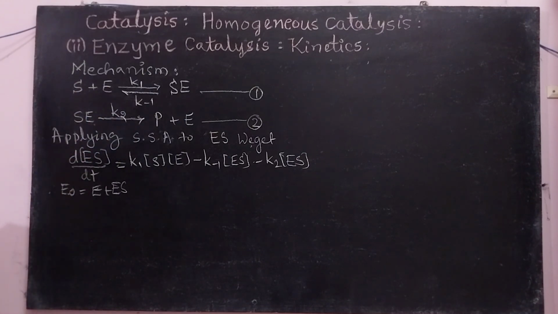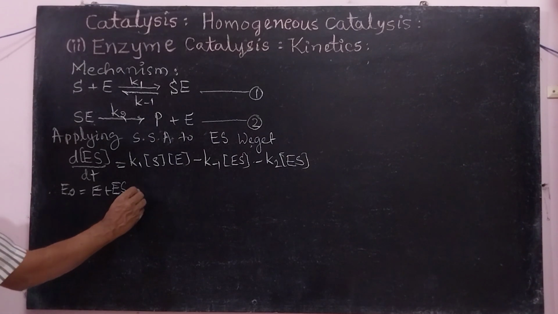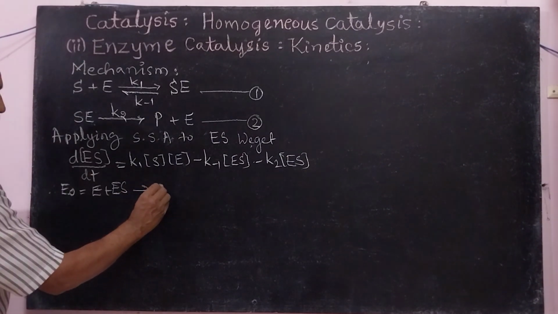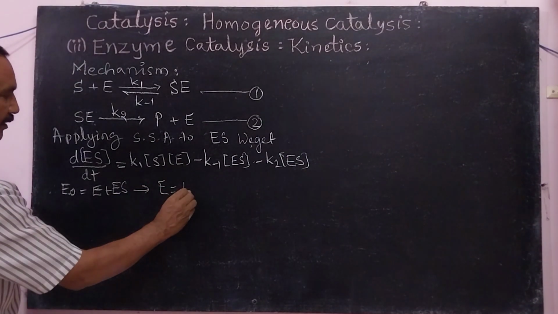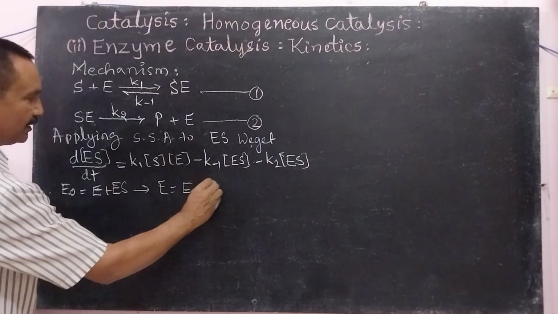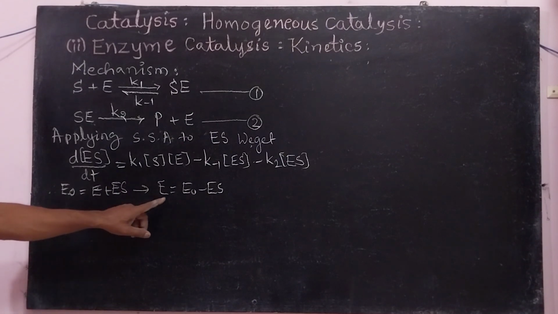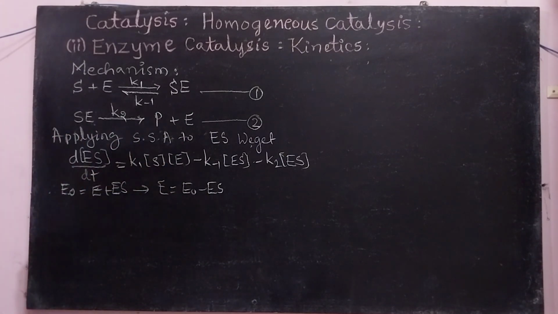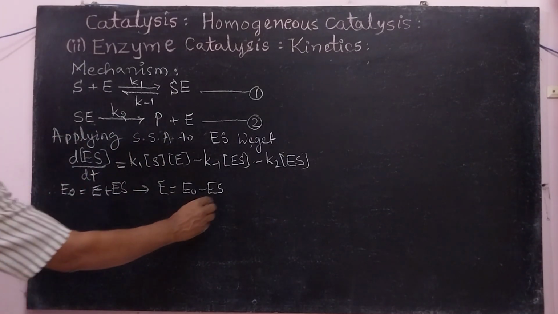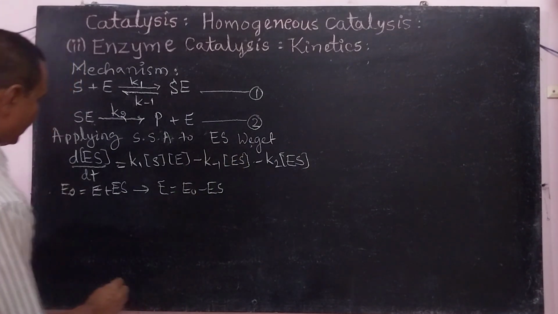Only these are the two species in the reaction mixture. Therefore, we may write E equal to E0 minus ES. Thus we can substitute this in this equation.